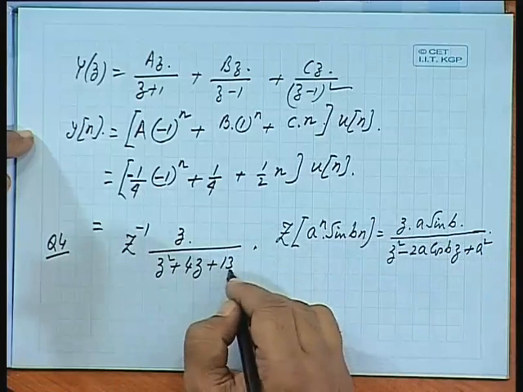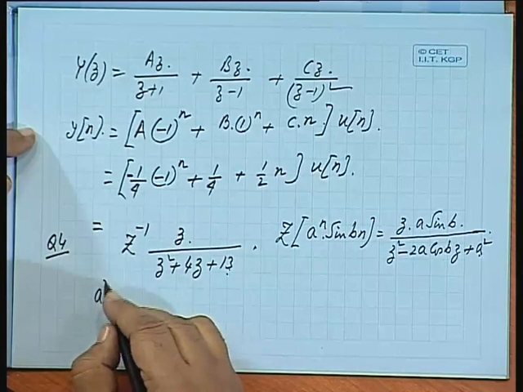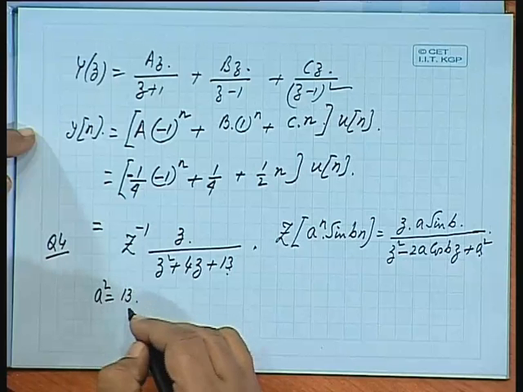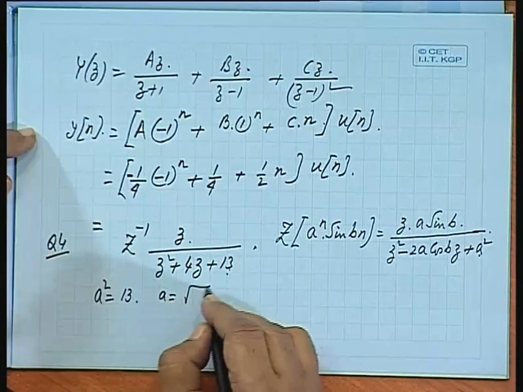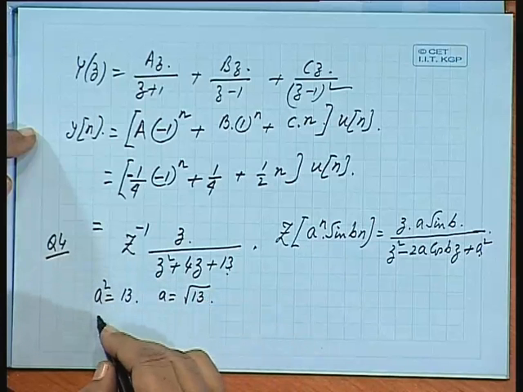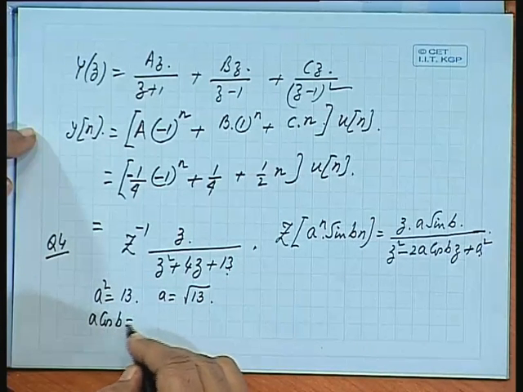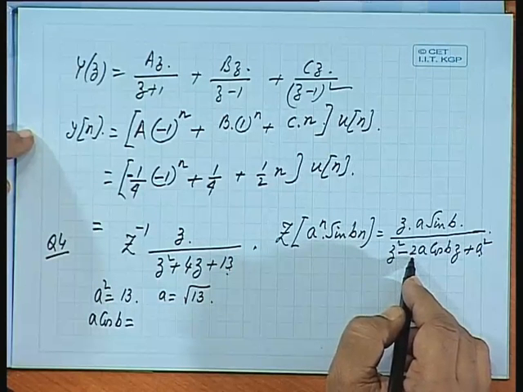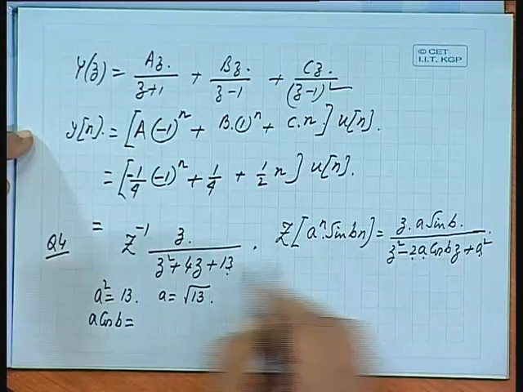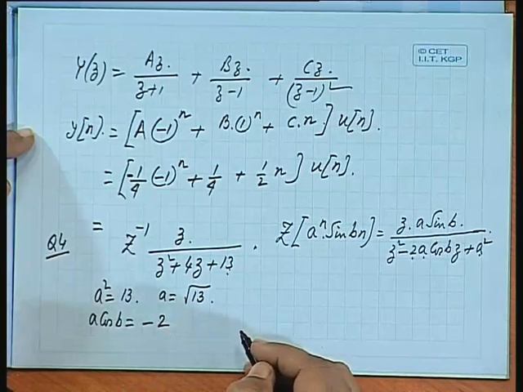So, straight away matching the coefficients, a square is 13. Do you all agree? So, a is equal to root 13. How much is a cos b? Minus 2a cos b is 4, so it will be minus 2.